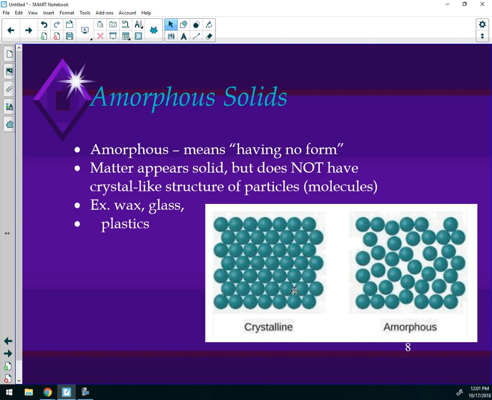Examples of amorphous solids or non-crystalline solids would be wax, glass, plastics, things that are solids but can be shaped or molded. Anybody have braces? They give you wax for your braces, and it is a solid, but can't you mold it however you want? So that would be an example of an amorphous solid.